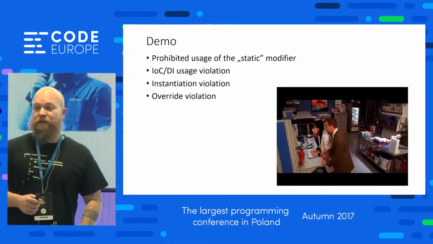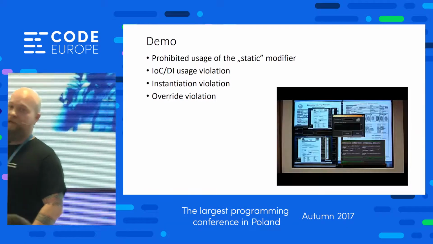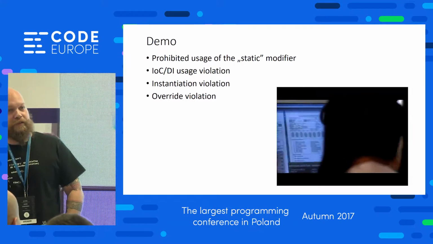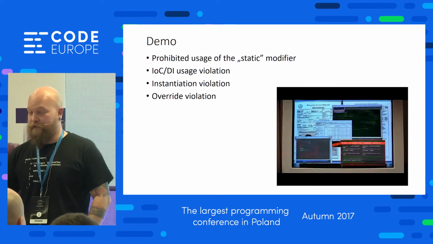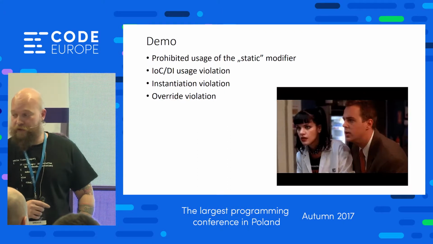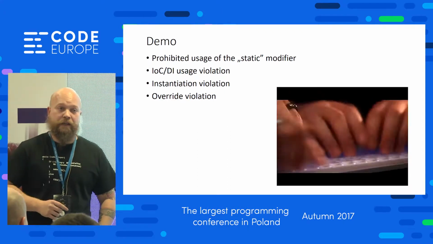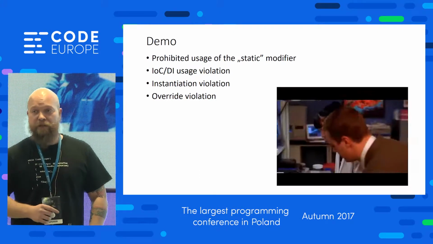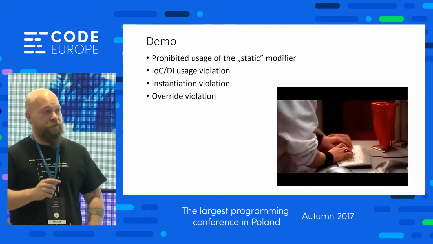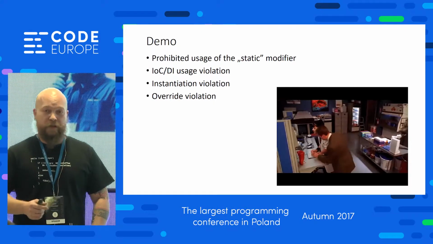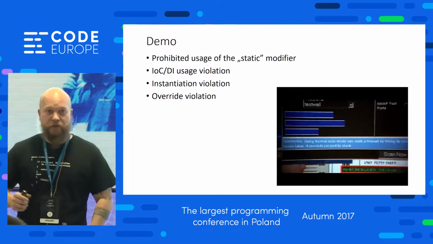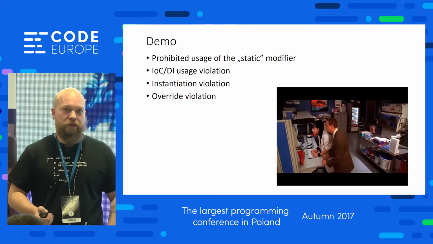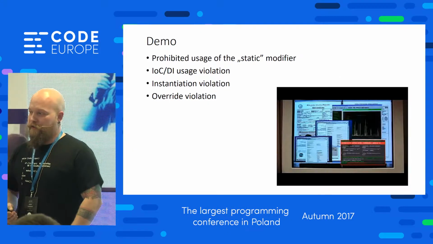The next one, instantiation violation, that you instantiate your classes in proper places, also related to inversion of control. And some average violation just because we are heavily using NHibernate, and NHibernate requires virtual properties. And I don't want others to override it somewhere, so it will just raise a huge level of confusion.